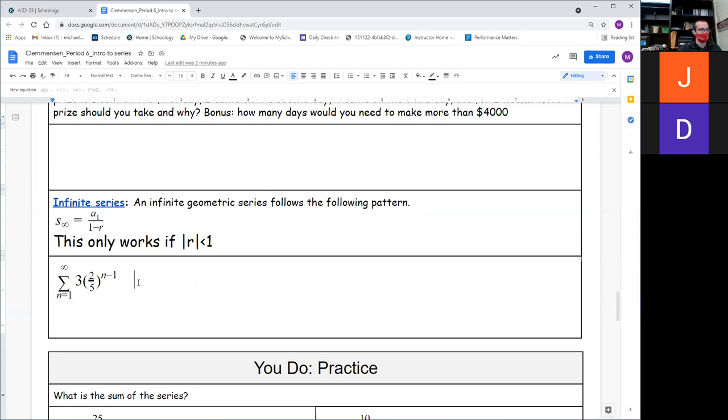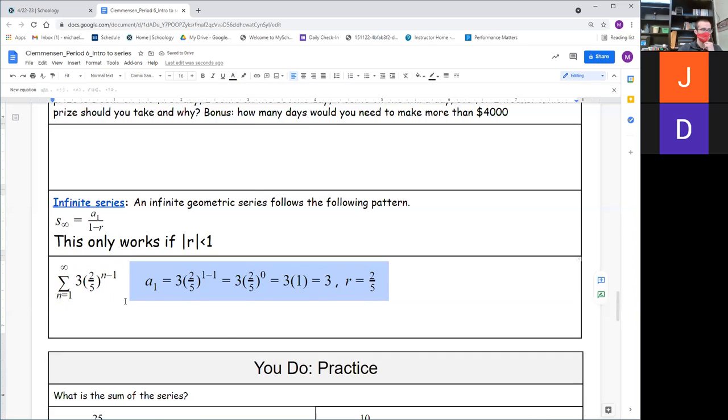Once we have that, we can just find our a sub 1 and our r. Our a sub 1 is by plugging in 1. Our r is the 1 inside. Plug in, simplify. And you're done. Nice and easy math.